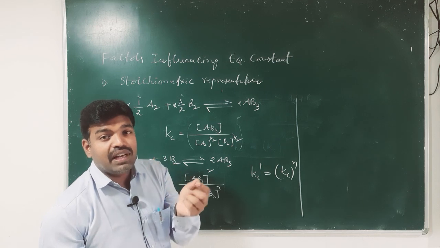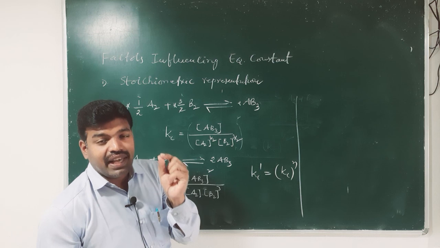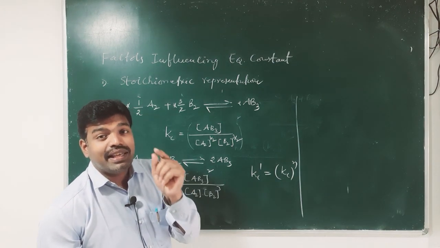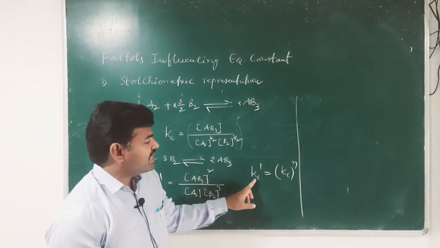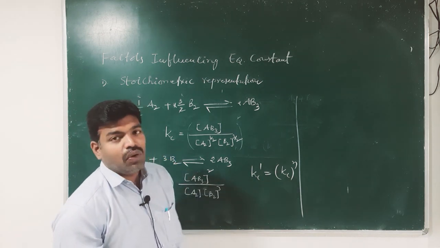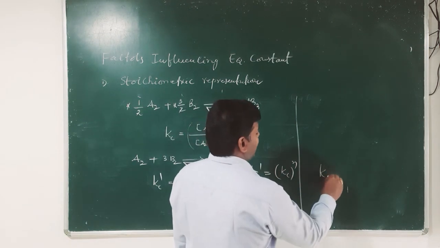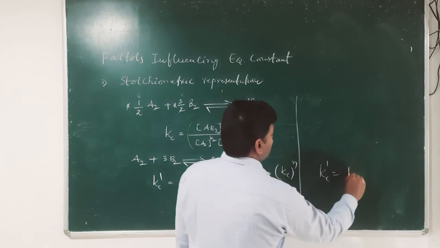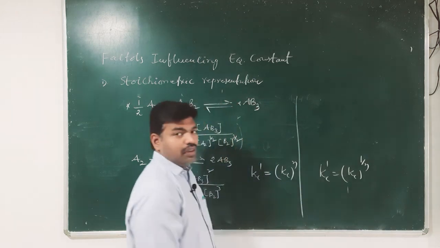And if we multiply the equation with the factor n, then the new equilibrium constant will be the nth power of the previous equilibrium constant. Kc dash is equal to Kc power n. When it is division, Kc dash is equal to Kc power 1 by n, right.